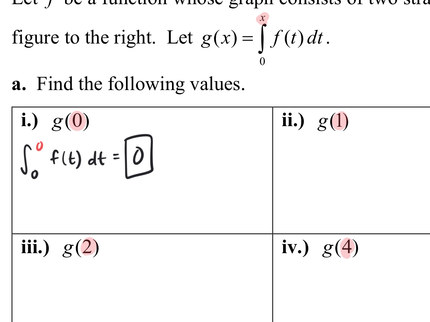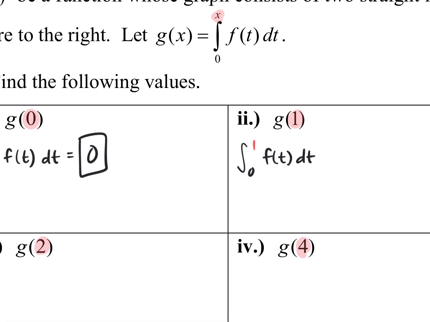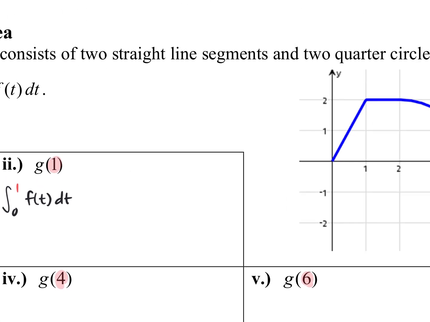Okay, g of 1. So I'm going to look from 0 to 1 of our function that we're given. So if I look on our graph from 0 to 1, what is the area underneath that curve? 1, right? 1/2 base times height gives me the area of 1. So my answer here is 1.